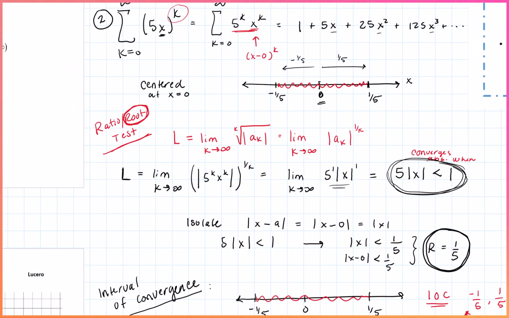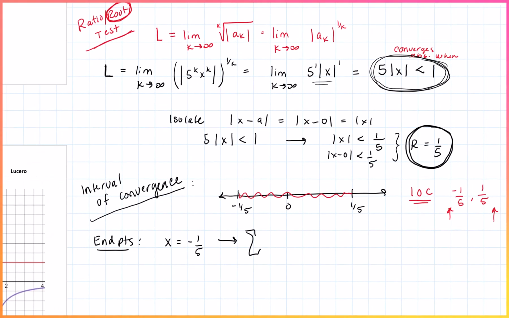When I plug it in, I get 5 times a negative 1/5 to the k. Well, what that becomes is negative 1 to the k. Now, k was starting at 0. It actually wouldn't really matter. k starts at 0 to infinity. This becomes the sum of 1 minus 1, 1 minus 1.